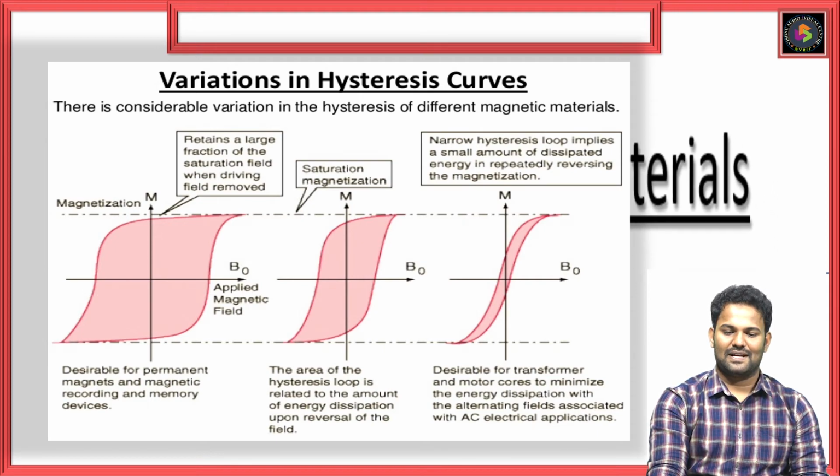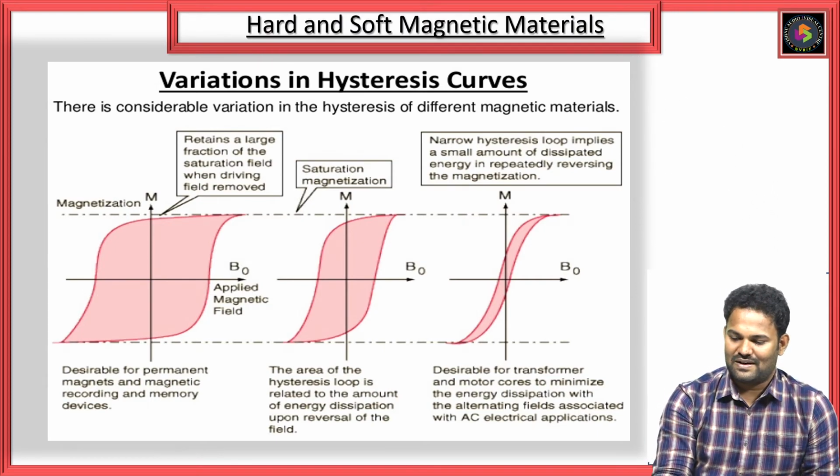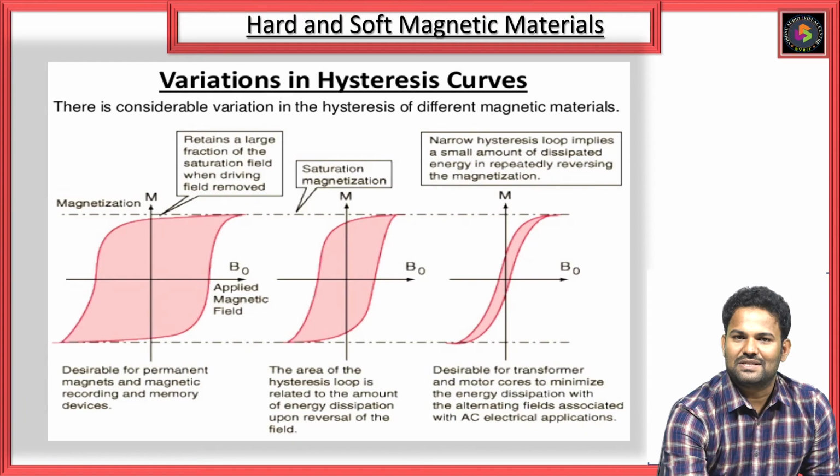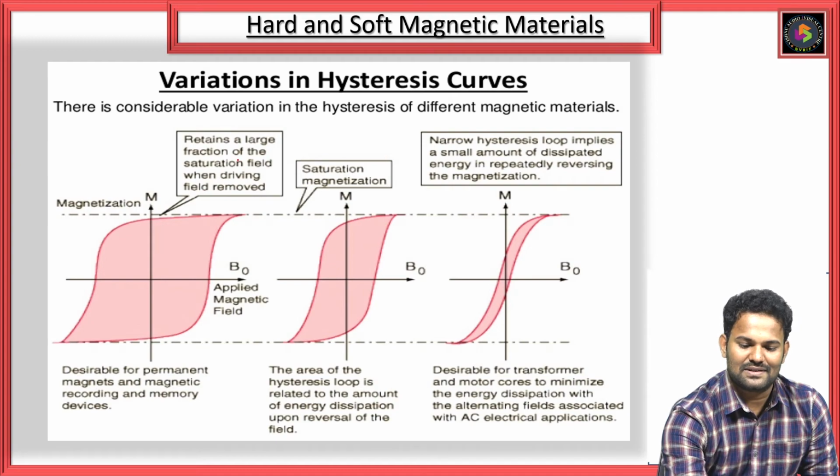If you see the diagrams of the hard and soft magnetic materials, there is a considerable variation in the hysteresis for the different magnetic materials. In the first diagram, as we apply the magnetic field, the magnetization is also more. Here the M value retains a large fraction of the saturation magnetization when the driving field is removed.